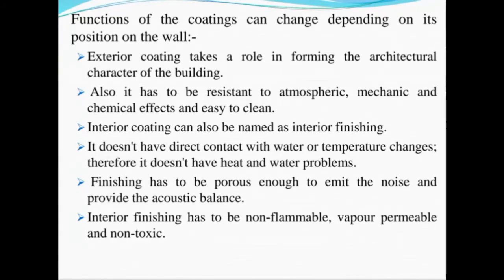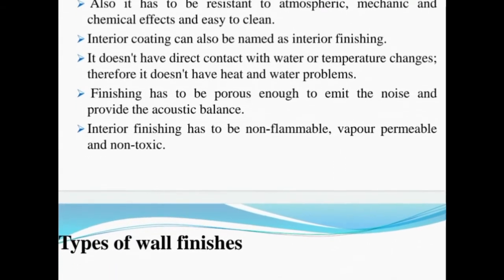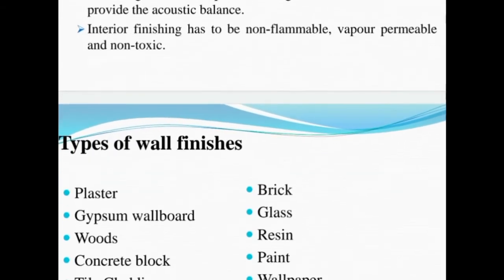It doesn't have contact with the temperature or any water changes, and therefore does not have heat and water problems. And it has to be porous enough to absorb noise and provide acoustic balance. And the interior finishing has to be non-flammable, vapor permeable, and non-toxic.